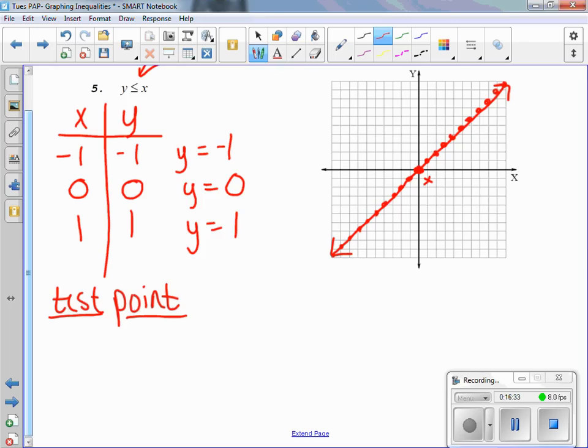If -1, -1 is true, that's where I shade. If it's false, then I don't shade there. I shade the other side. So when I plug in -1 for y and -1 for x, is -1 less than or equal to -1? Well, yes it is, which means I can shade down here.